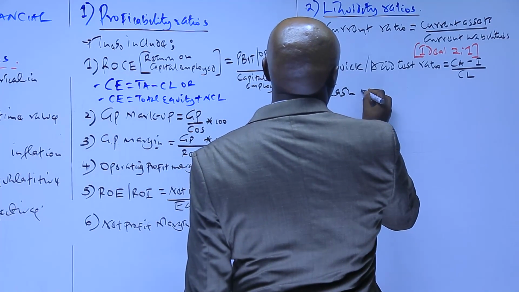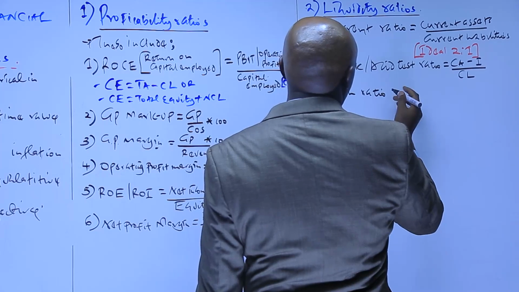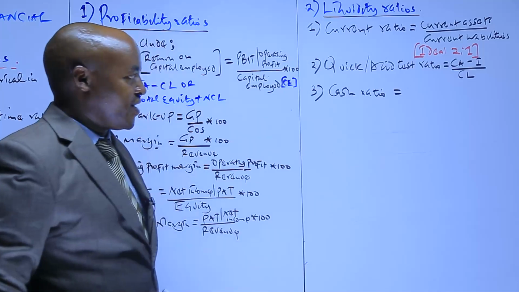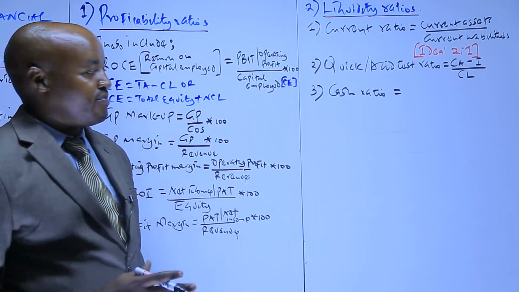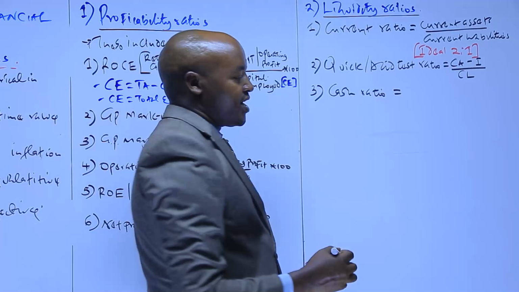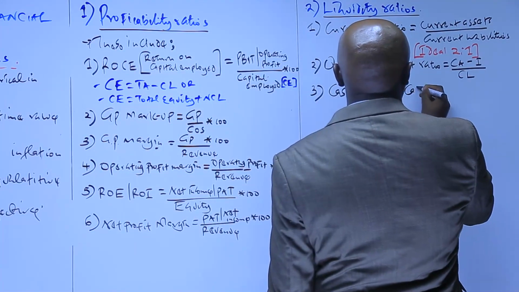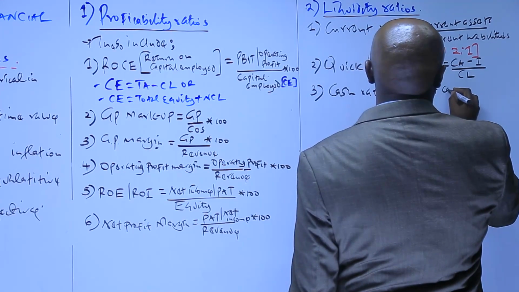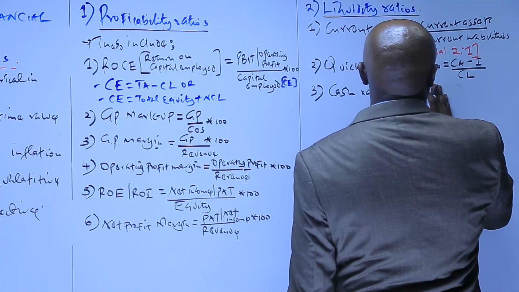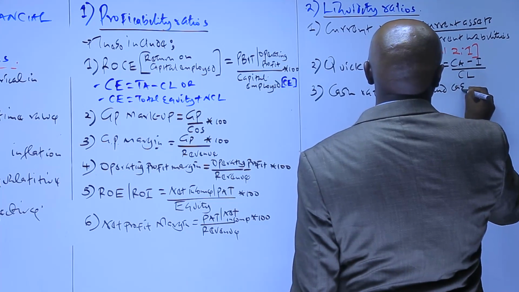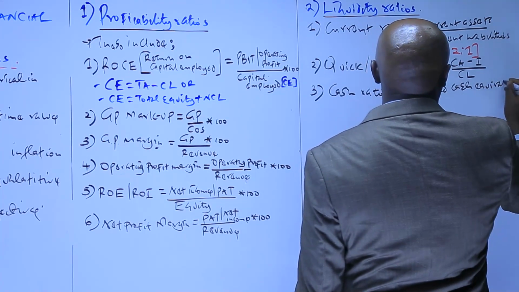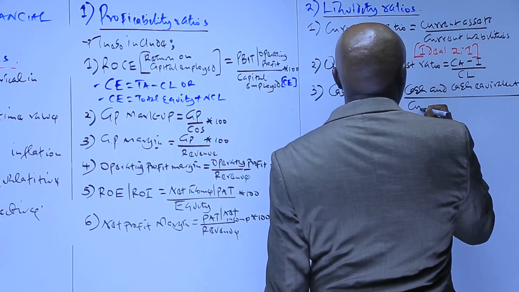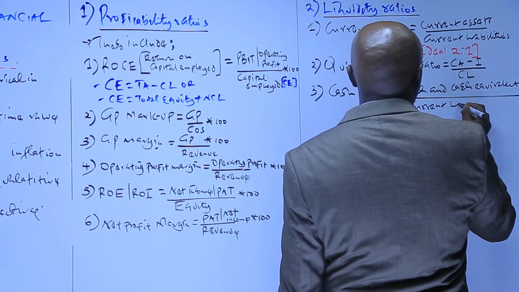Then finally we have the cash ratio, which is a ratio computed to determine the ability of the company to pay short-term financial obligations using cash and cash equivalents. In terms of how we compute it, we take cash and cash equivalents, then divide that by the current liabilities.